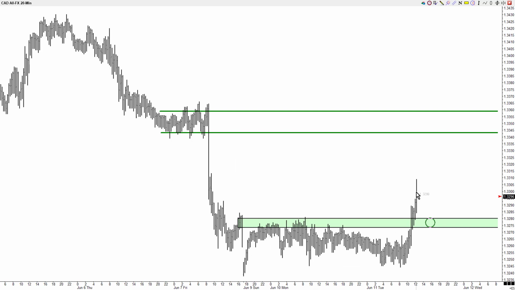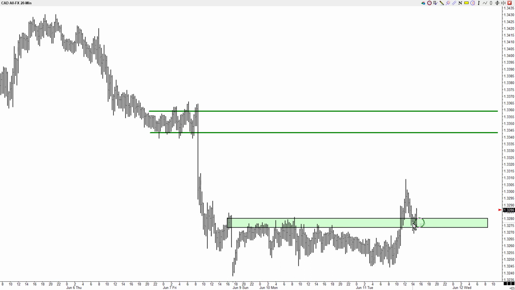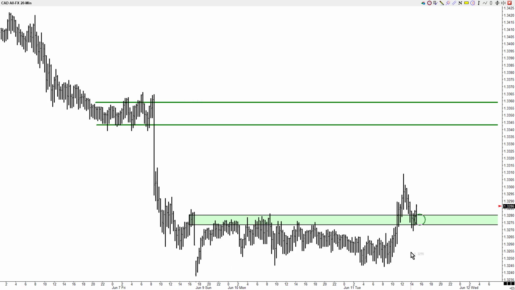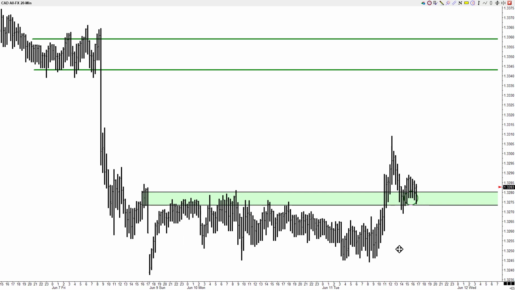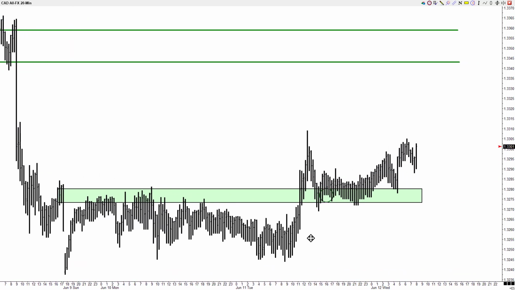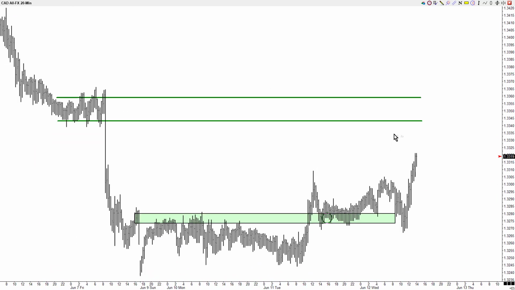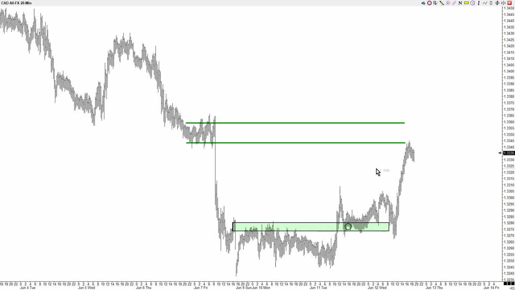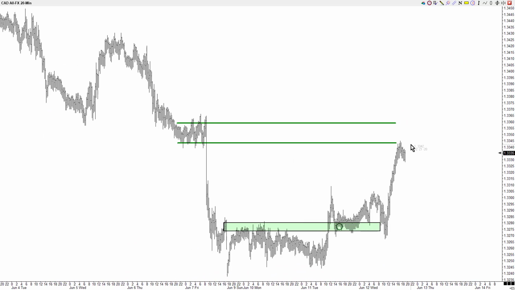Hey, I had no idea this would happen. I see opportunity. I can get long, I take my risk. I don't know for sure, but I can take my risk on a very educated, intelligent trade plan. And my obvious target would be that, to finish the process of a valley.